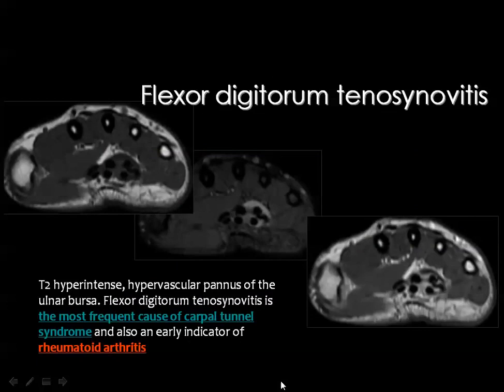Also, tenosynovitis, this is an example. You see, this is the carpal tunnel, and there is fluid signal within the carpal tunnel, and here after contrast enhancement you get some enhancement, meaning that there is synovial thickening and inflammation in a case of rheumatoid arthritis.